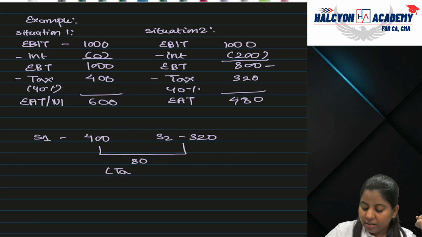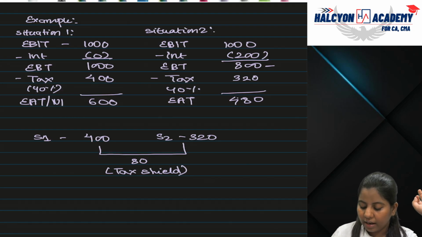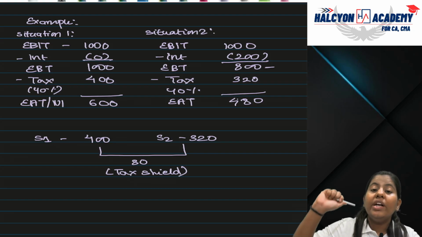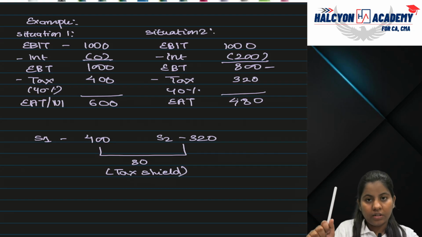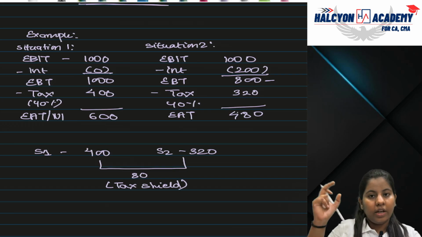This is called tax shield. We saved rupees 80 in our tax. Due to what? Due to interest. Just because in situation 2 we deducted interest first, we saved rupees 80 in tax.